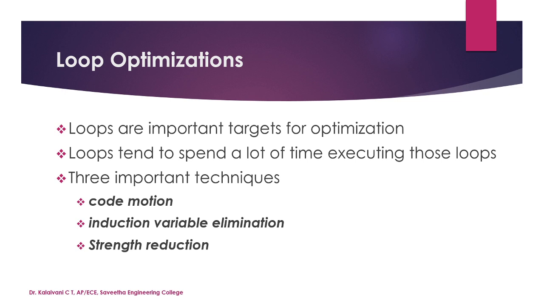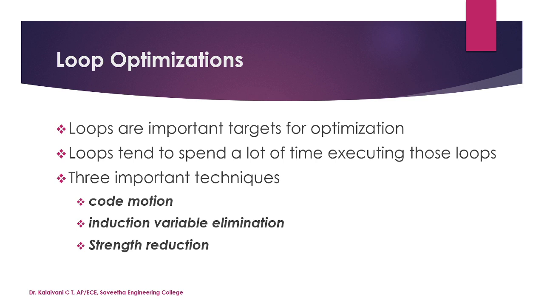If you reduce even 1 millisecond inside a loop, and the loop is executing 10 times, then 10 milliseconds will be saved for us. Even if a single instruction or single machine cycle is reduced inside a loop, we will save a lot of time. So a loop is a very important strategy, as we spend a lot of time in the execution of loops, so we can reduce the loop timing.